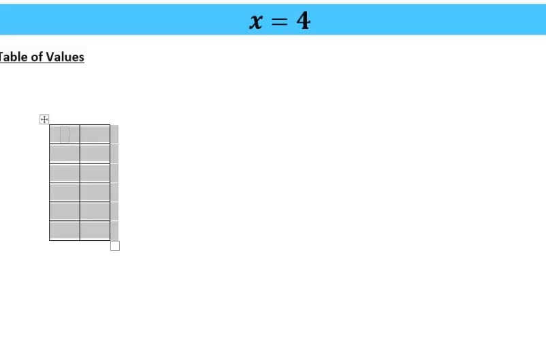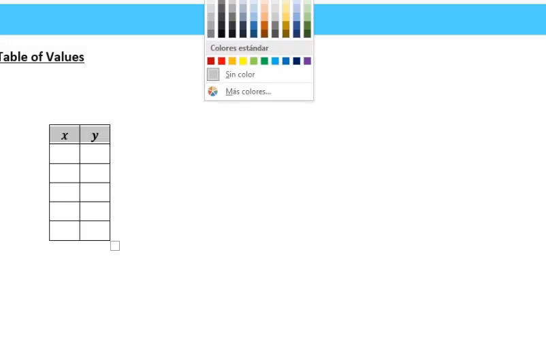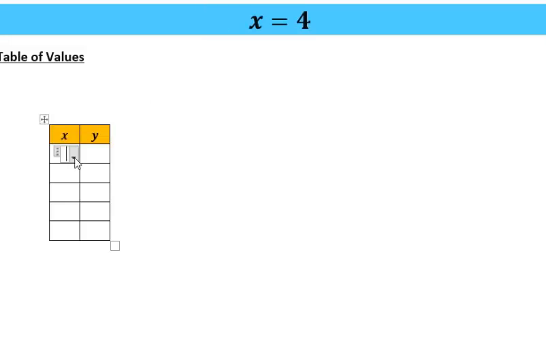So we're going to make this table, and we're going to put x in here. We're going to put y in here. And on the axis, we're going to have to put number 4. Why? Because x is number 4. That's what the formula is telling you.